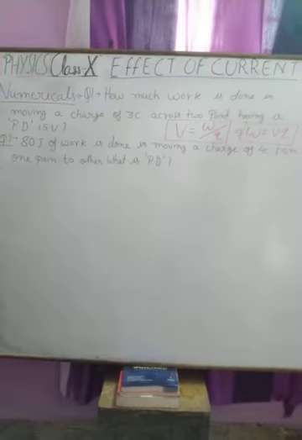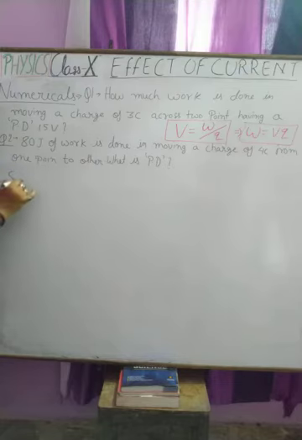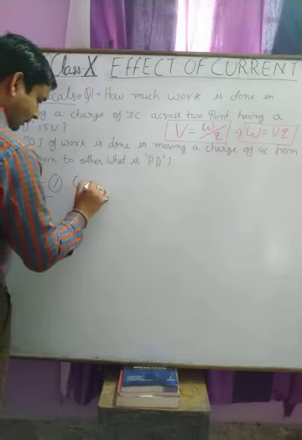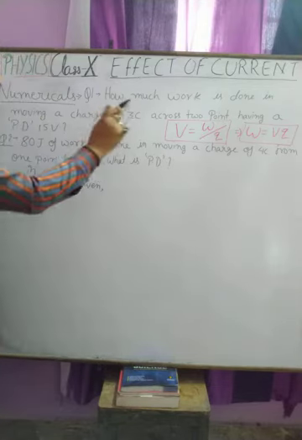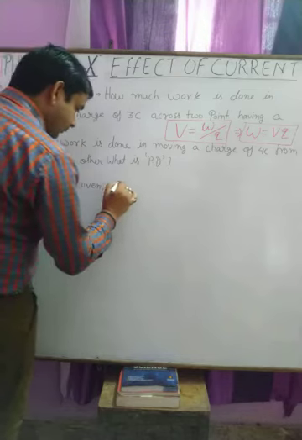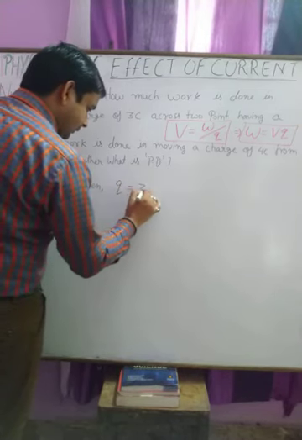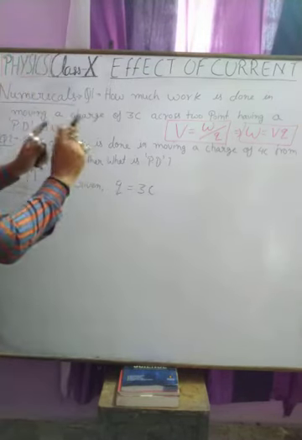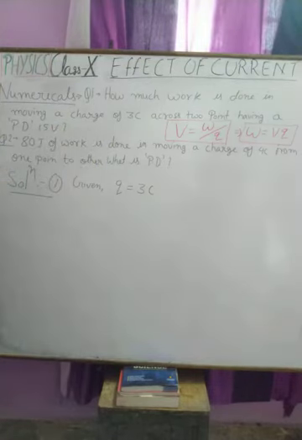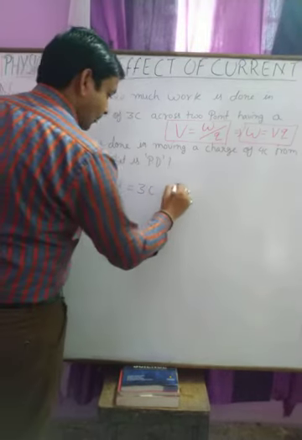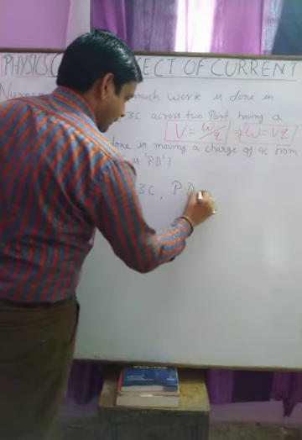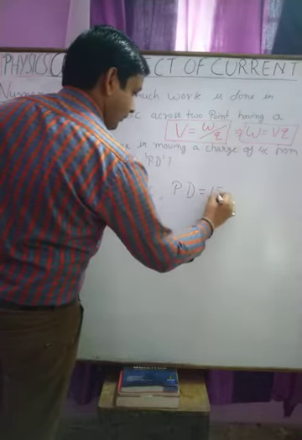So we are starting solution number 1. In the question we are given charge 3 coulomb, which is moving between 2 points with the help of a potential difference of 15 volt.